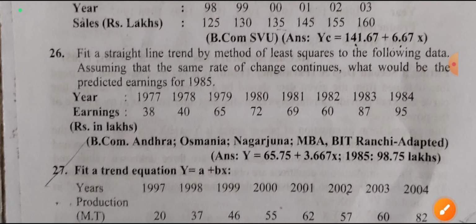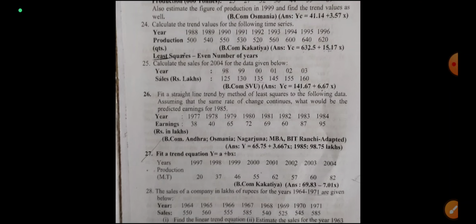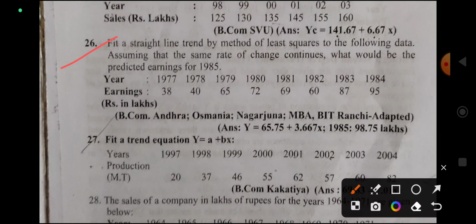Let us solve one question relating to this, so that you will understand in a better way. So this is the least squares question. Question number 26 we are going to do. Fit a straight line trend by method of least squares to the following data. Assuming that the same rate of change continues, what would be the predicted earnings in 1985?